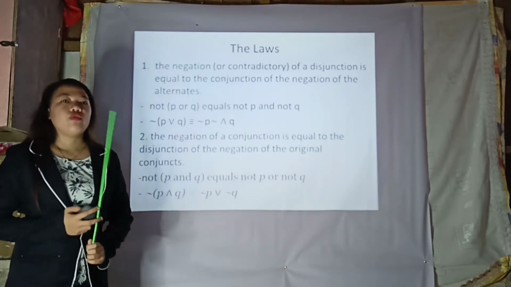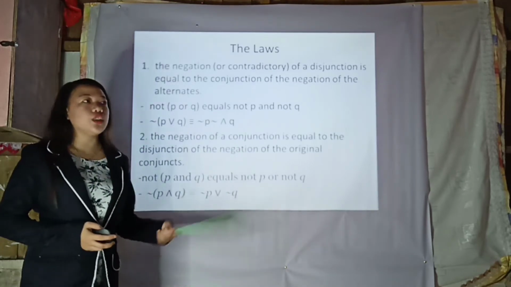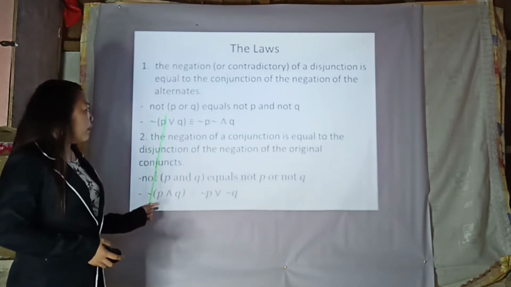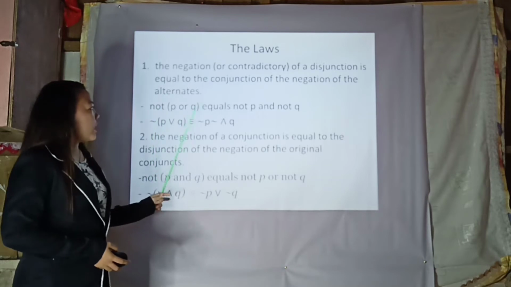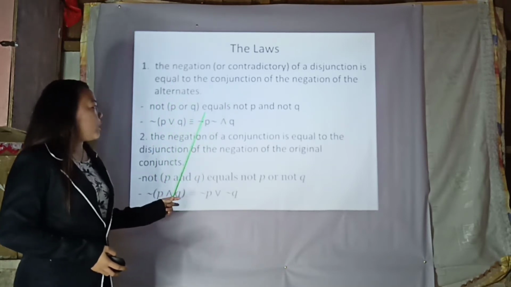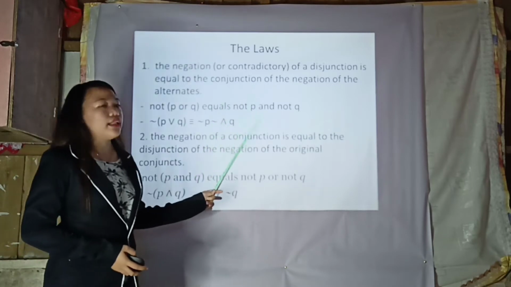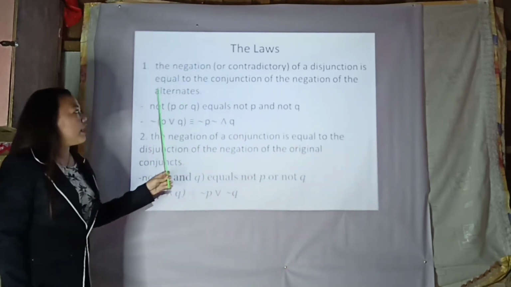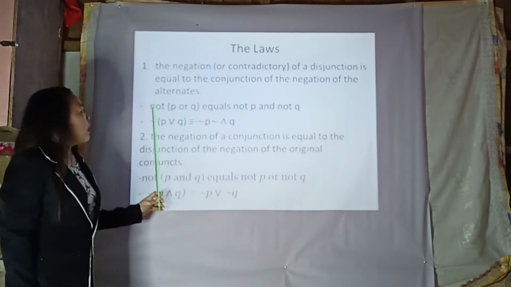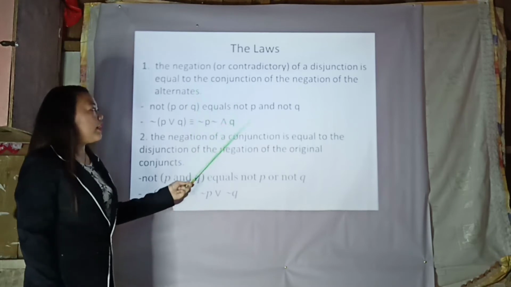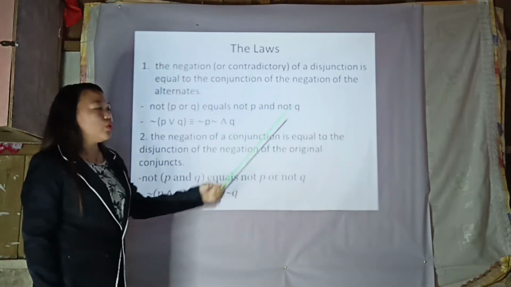If the statement starts with "not," which is a negative, then not (P or Q) is equal to not P and not Q. So this would be the first law: not (P or Q) is equal to not P and not Q.